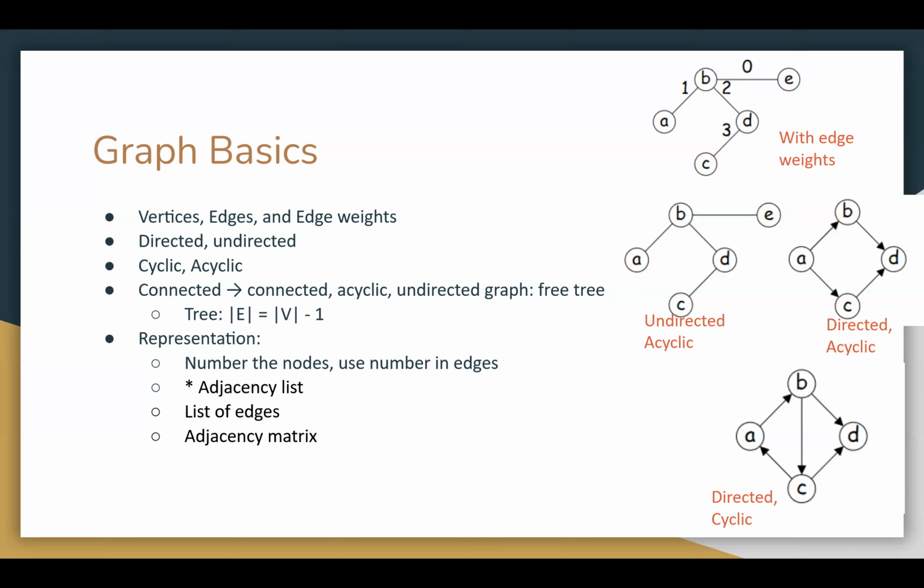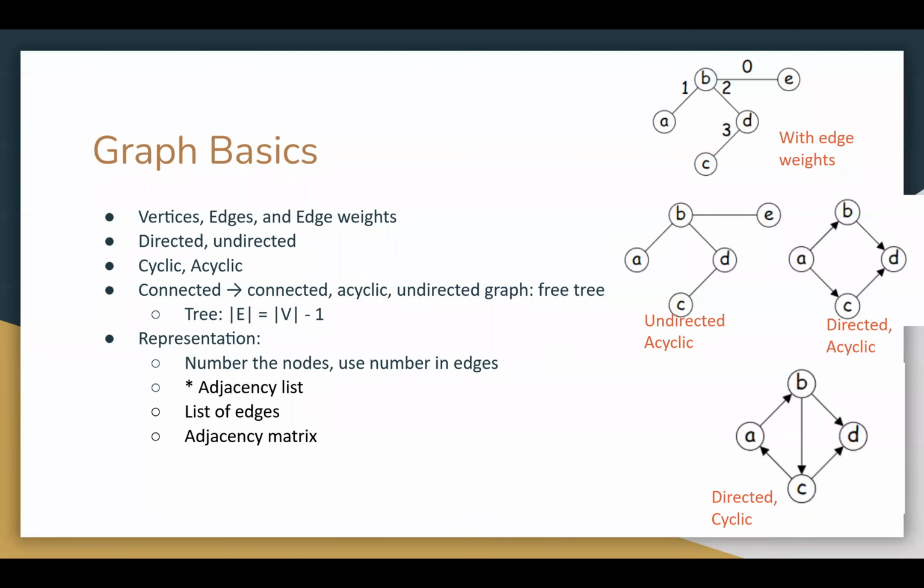And then going off from connected, we have a very special type of graph, which is a connected, acyclic, and undirected graph, called a free tree. A free tree is just a tree that doesn't have a designated root.